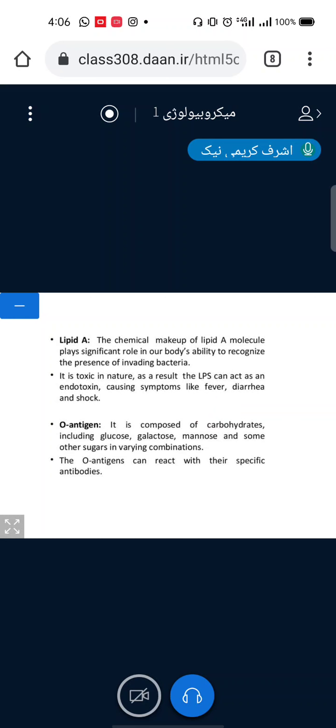O antigen. It is composed of carbohydrates, including glucose, galactose, mannose, and some other sugars in varying combinations. The O antigens can react with their specific antibodies.